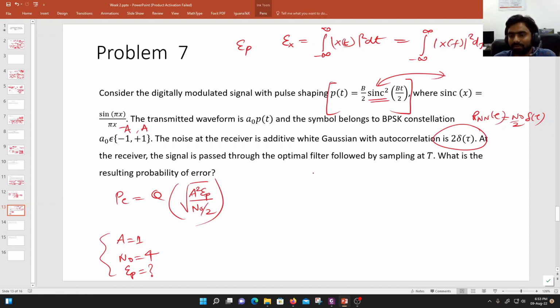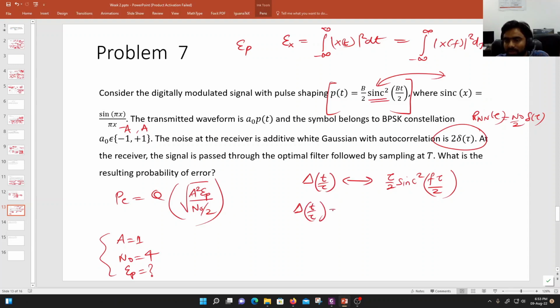So I will write for you. Let's say the triangular pulse is denoted by triangle(t by tau). The Fourier transform of this is nothing but tau by 2 sinc square (f tau by 2), and this triangular pulse of tau is written as 1 minus 2 mod t by tau for mod t less than tau by 2 and 0 otherwise.